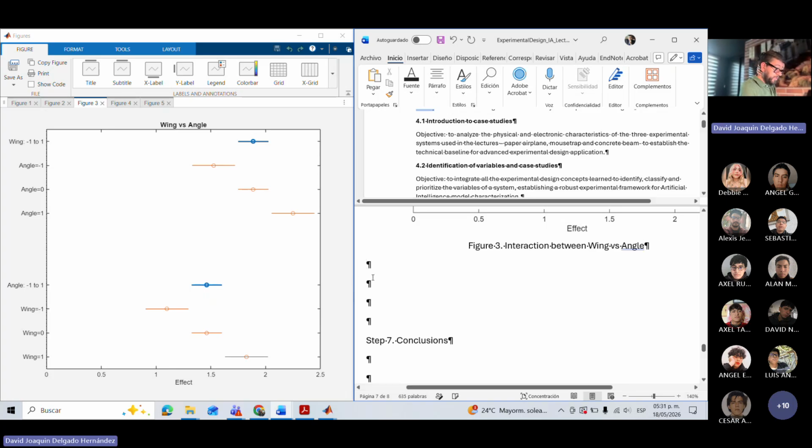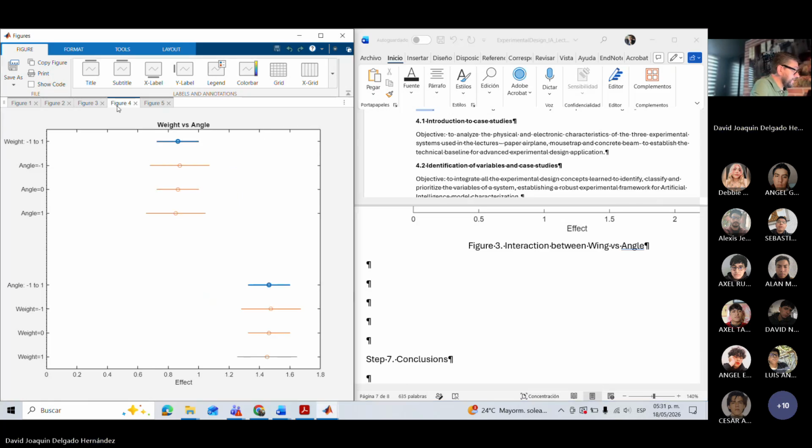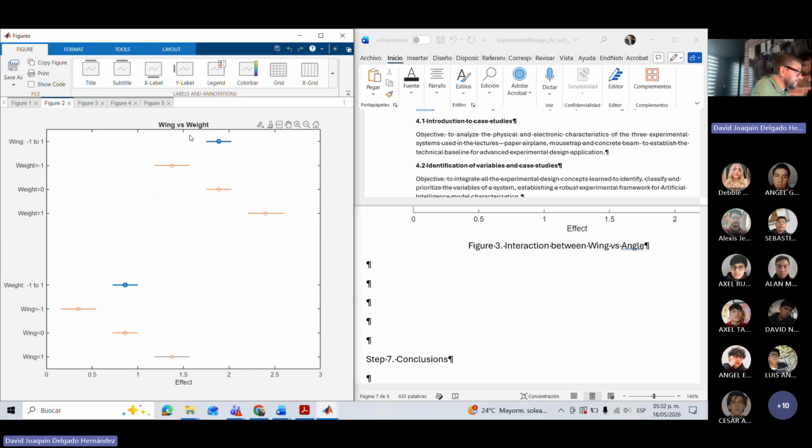So let us now move on to figure number 4. Figure number 4 is related with the weight and the angle, and you don't have any crossing. Look, you can see here how they cross, but in this case, they do not cross each other.